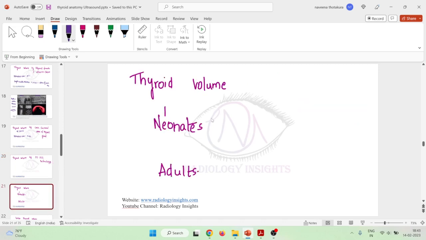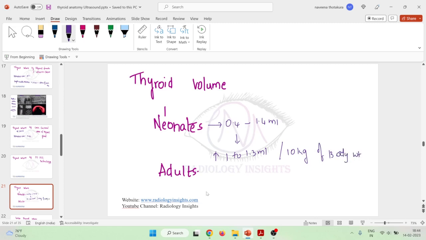Then the thyroid volume will vary as the age of the neonate or child increases. In neonates, the thyroid volume is around 0.4 to 1.4 ml. And this thyroid volume will increase by 1 to 1.3 ml per 10 kg of body weight.